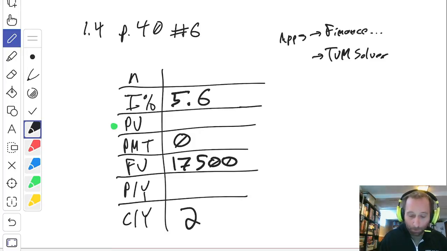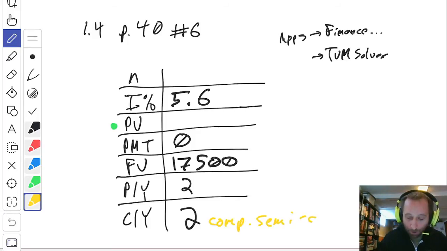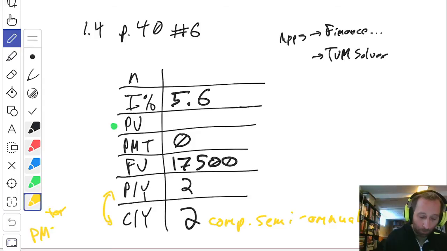And we're going to set P over Y to the same thing, so this is 2 because it's compounded semi-annually. Basically, we make these the same for problems where there are no payments. If there are regular payments, then these values can differ. You can look at the 1.5 video for an example of that.